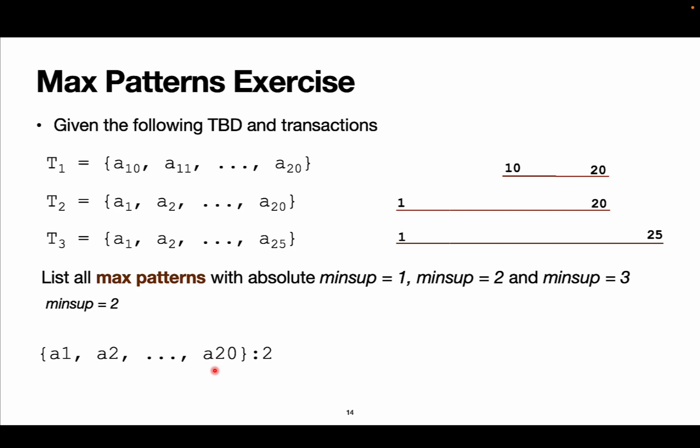Now for the max pattern with minimum support equal to 2, I got A1 to A20 because for A1 to A25, the support is 1. So I only have two overlapping areas between T2 and T3. Finally, for min support equal to 3, we are going to look at the overlapping areas. And as you can see, A10 to A20 occurred 3 times.